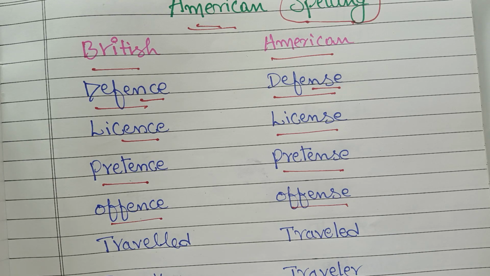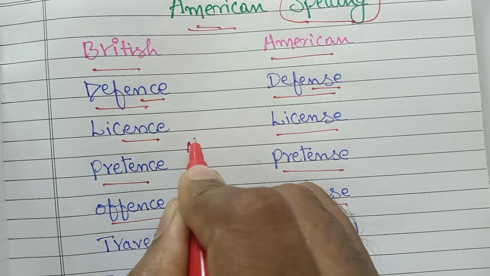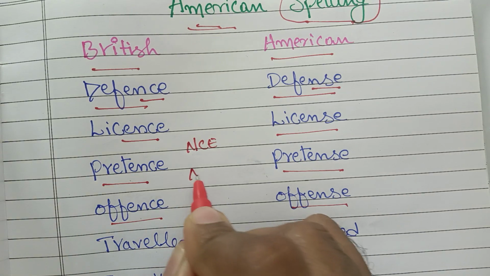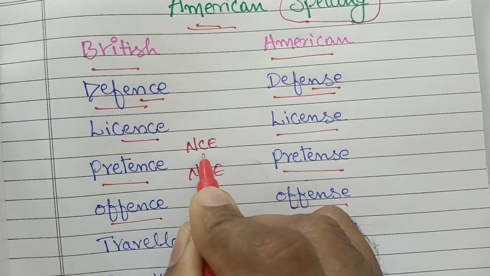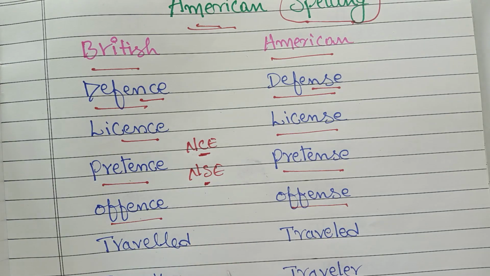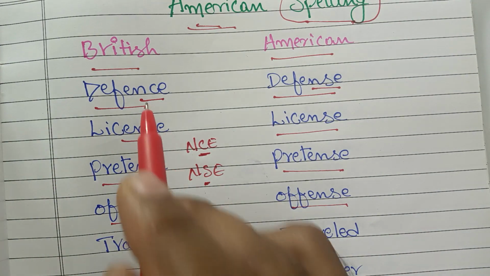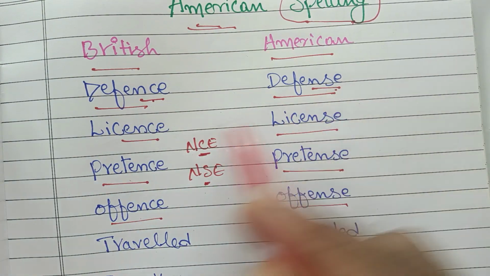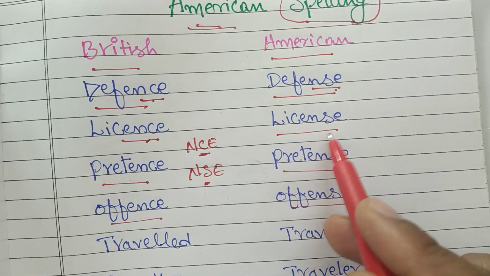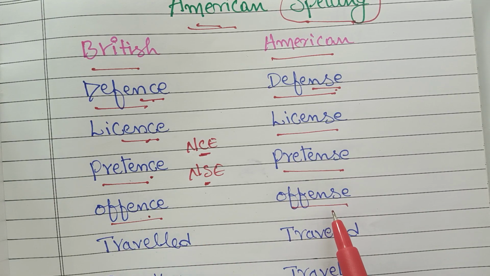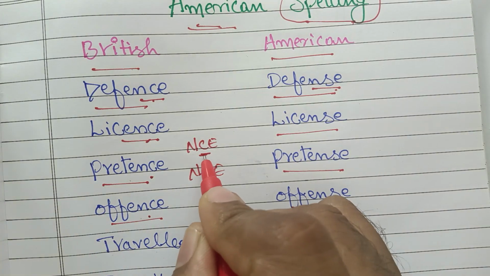Whenever there is NCE in British words, in the American spelling that will be NSE. Just a change of C into S. That's all. This is trick number one.